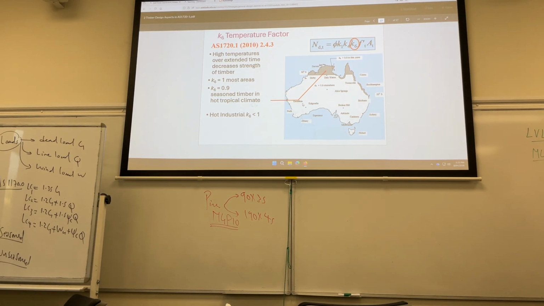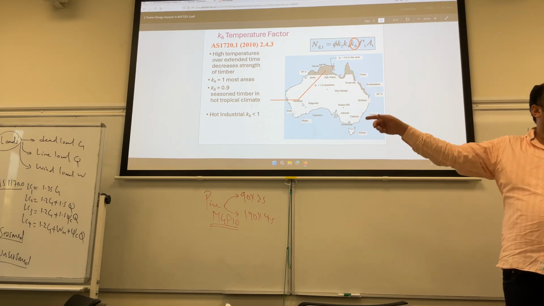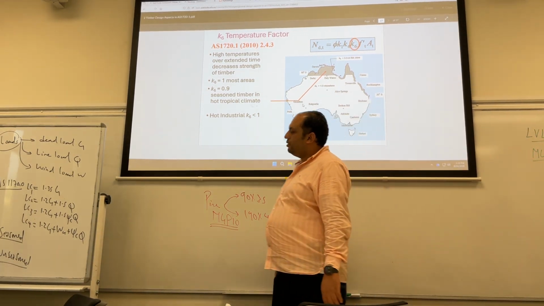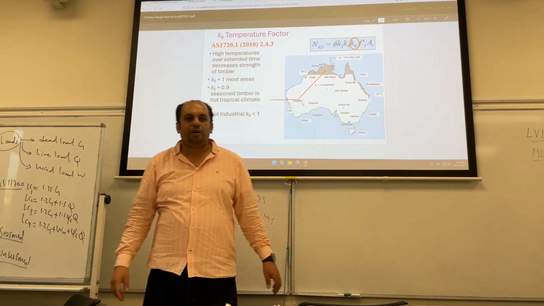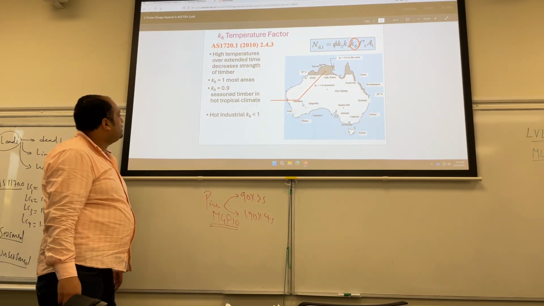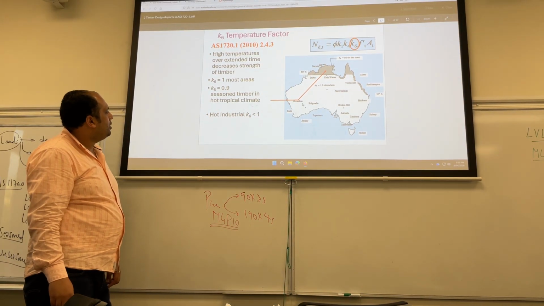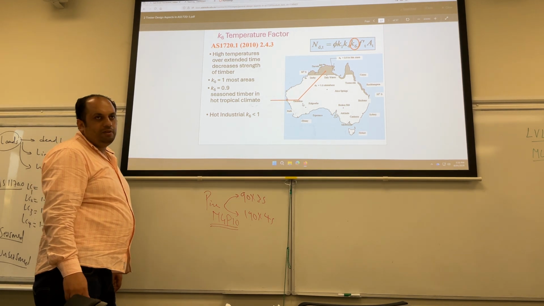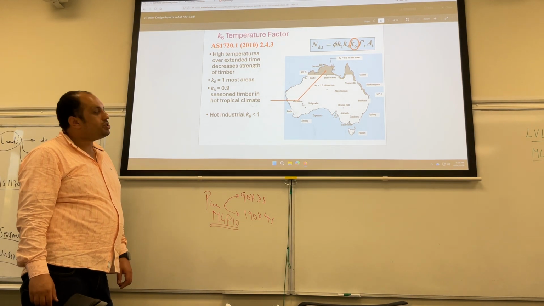So K6 can be taken as 1 in most areas, and will be taken as what? 0.9 where you see this hatched area. So this hatched area is a warmer area or higher temperature area. That's why we take it as 0.9. So K6 can be 1 or 0.9 based on the location.